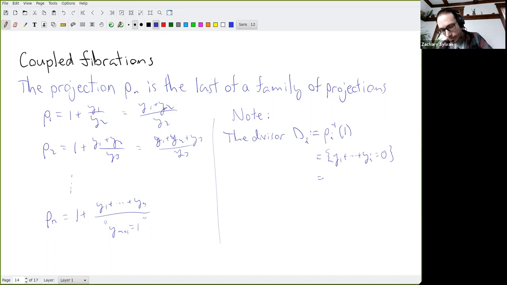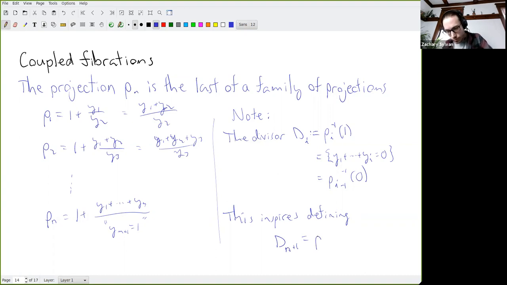And that's the same thing as rho_(i-1) inverse of 0. Right? If I did this with rho 2, then rho 2 inverse of 1, that's saying y1 plus y2 is 0. So that's saying that rho 1 is 0. And so this inspires defining d_i plus 1, or not d_i, d_(n+1), the last one.